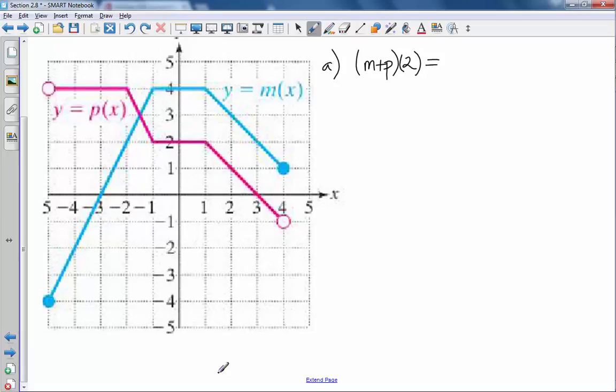Okay, let me help you with this. Sum of two functions at the value means you find each function at that specific value and sum it. In other words, find where 2 goes with the M bus, wherever he goes.